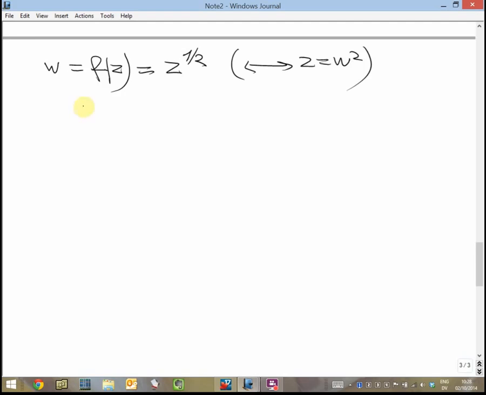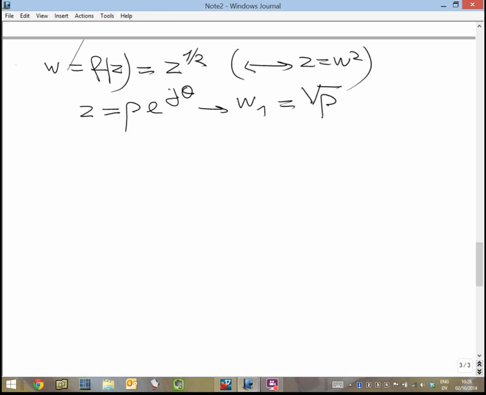We have a solution. If we start from z, you know that calculating square roots is very easy if you have the polar form of a complex number. So if you have z and you want to calculate the square root of z, w, well, one solution, w1, is given by the square root of the modulus.